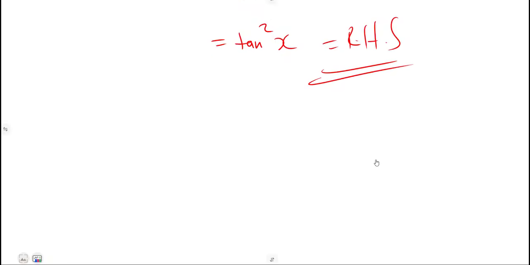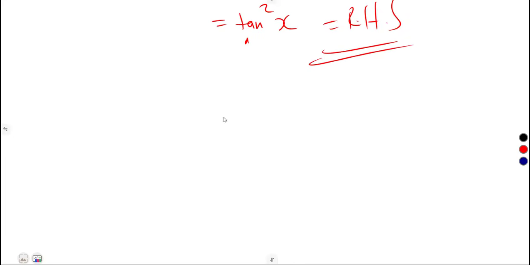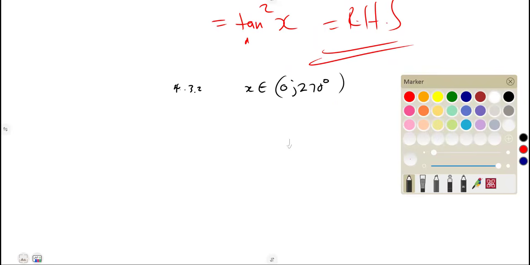So from that single trig that we proved, which is the tan squared, how can we prove that this is what is undefined from the given interval, all right? From the given interval, x being taken, let's say from 0 to what, 270 degrees. When this is undefined, we focus on the denominator, guys, all right?